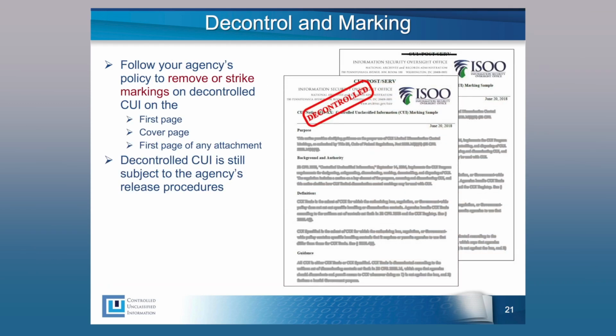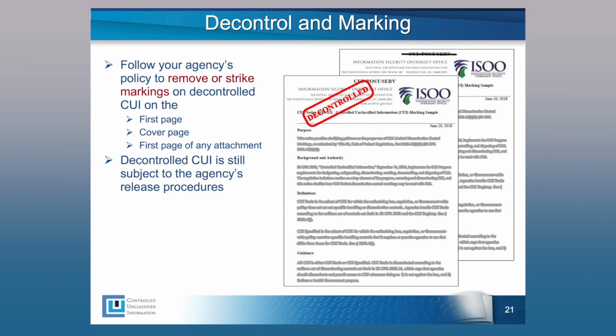In some cases, you may come across CUI that has been decontrolled or have to decontrol CUI yourself, which occurs when the CUI no longer requires protection under a law, regulation, or government-wide policy. Decontrolled CUI must have a marker or indicator on the first page to show that the information is no longer CUI.